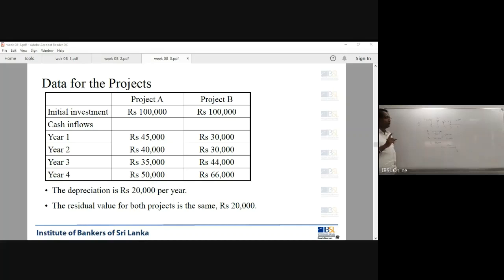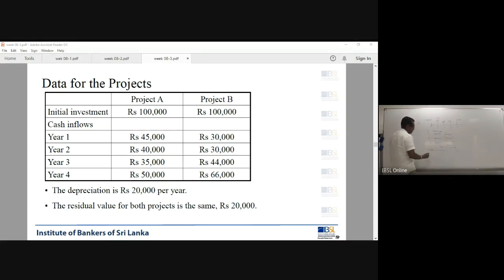But in order to recover the initial investment, you need only 15,000 more. Now you have to find out how long it will take to generate 15,000. During a year, we generate 35,000.